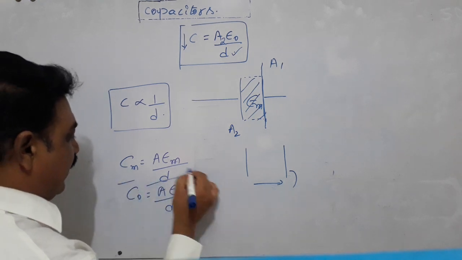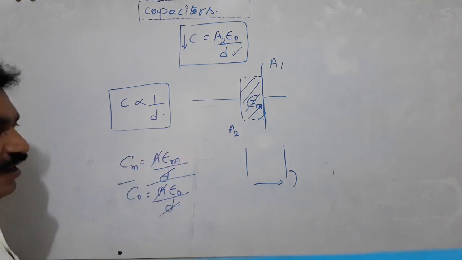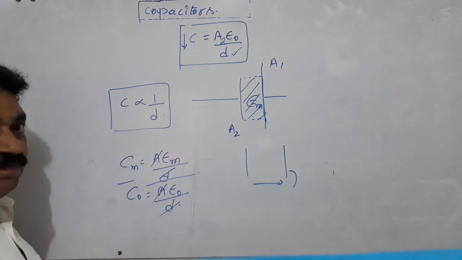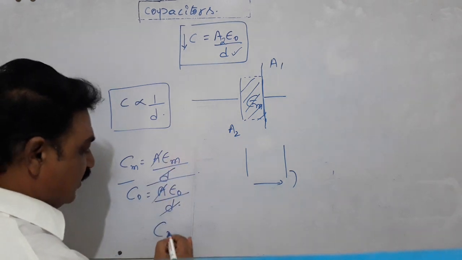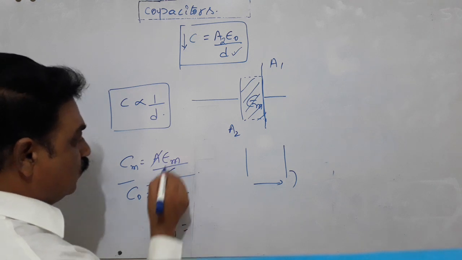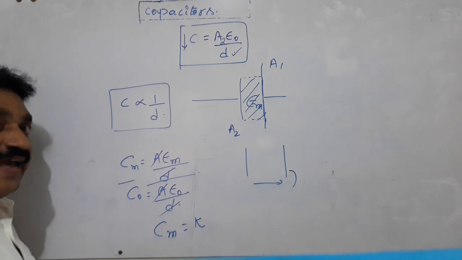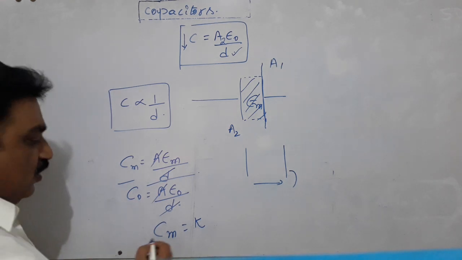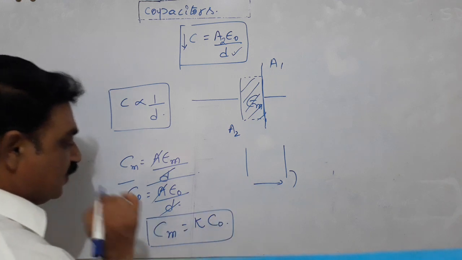Dividing, d and A cancel, leaving epsilon m by epsilon naught, the permittivity of the medium by the permittivity of free space, and this relative permittivity is given by the dielectric constant K. So Cm is equal to K times C naught.